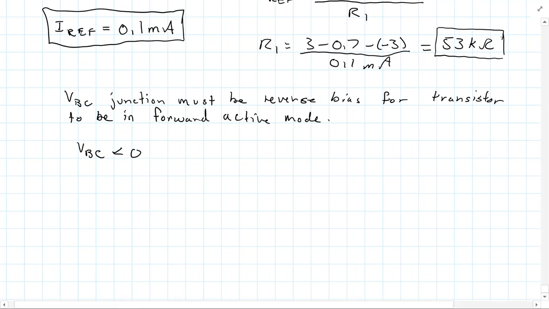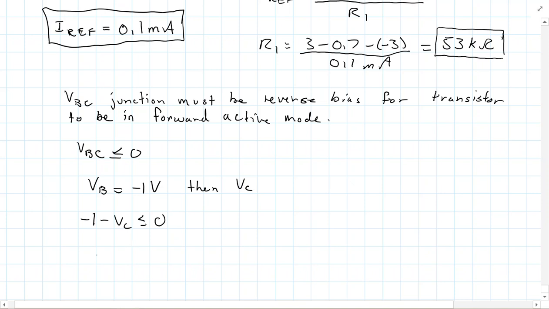Well, if VB was equal to -1 volt, then VC would have to be, well, we'll let it be less than or equal to 0 volts just for simplicity. Then we'd have -1 minus VC has to be less than or equal to 0.